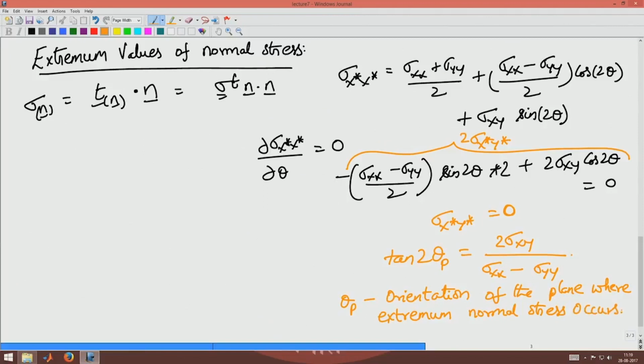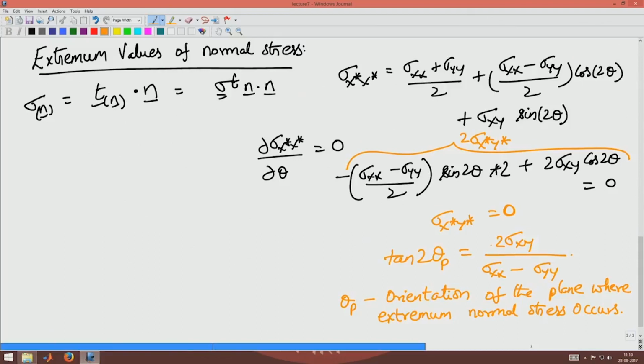Okay. Here you have to note, if you are using a calculator to compute theta p, it will give you tan 2 theta p in the range of minus pi by 2 to plus pi by 2, okay. That is not what we want. We want theta to vary over the range 0 to 360 degrees, not plus 90 to minus 90, okay.